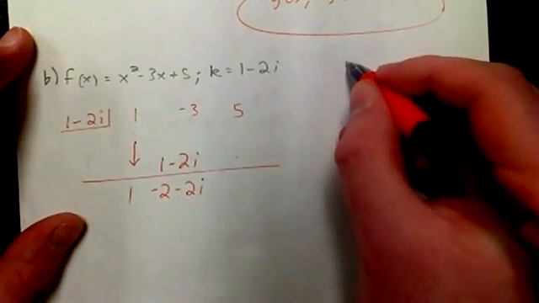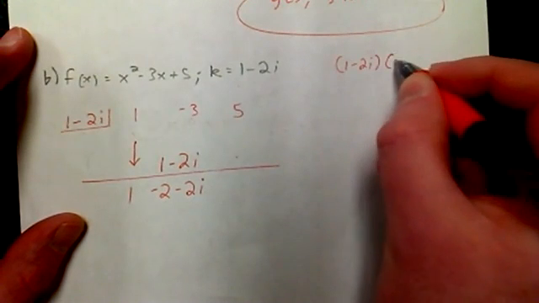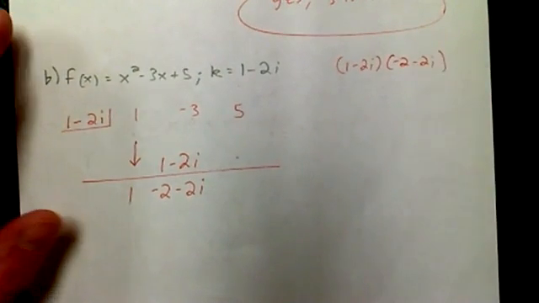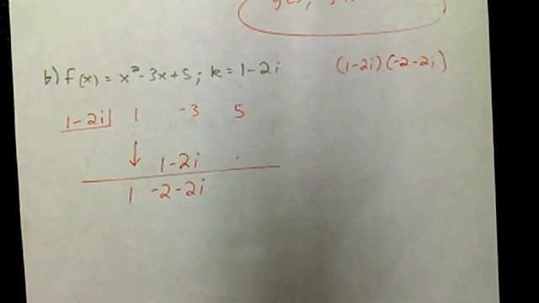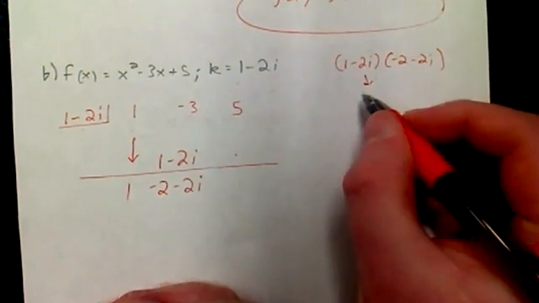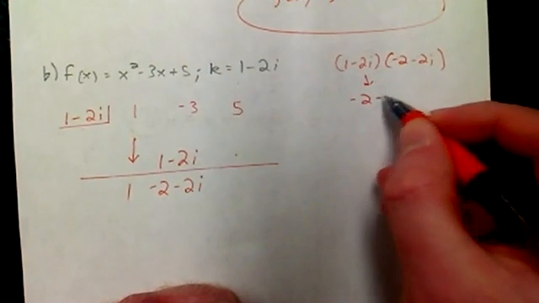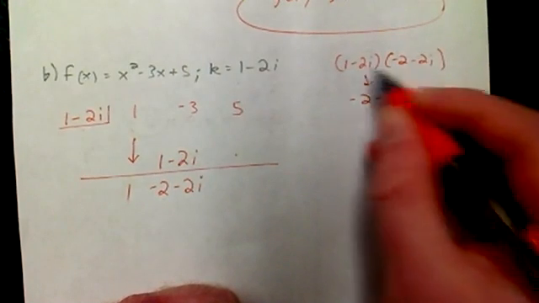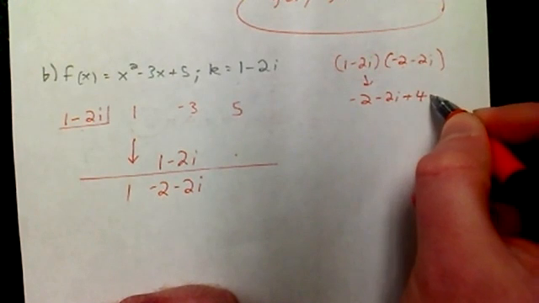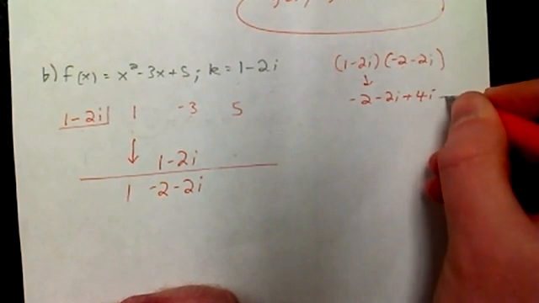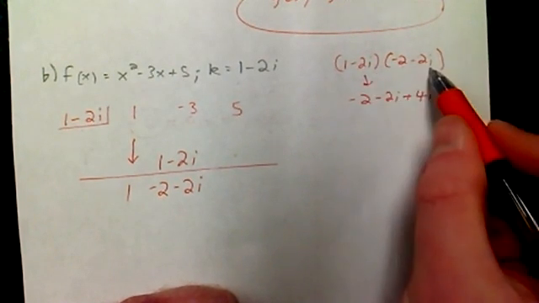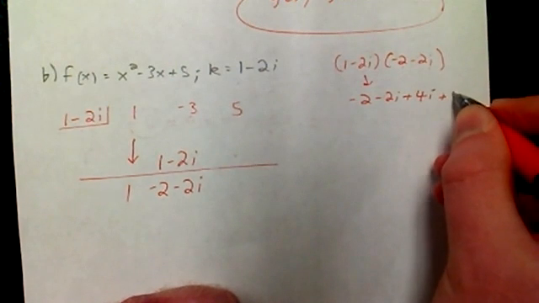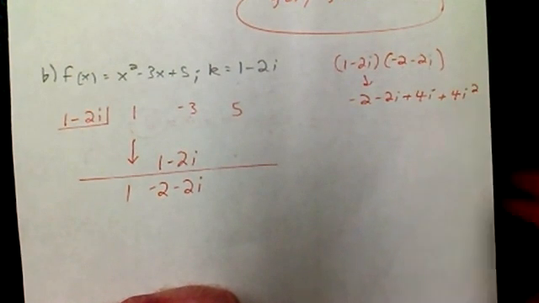Let's go off to the side. 1 minus 2i times -2 minus 2i. Remember, it works the same way as with x's. I just know that i squared is -1. So this is going to be -2 minus 2i plus 4i plus, because a negative times a negative, that's going to be 4i squared.